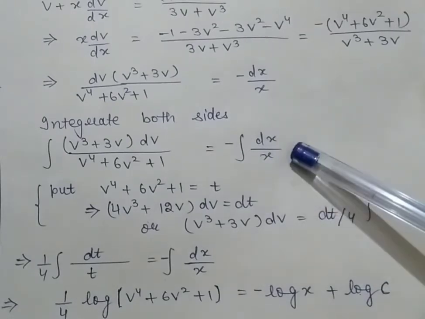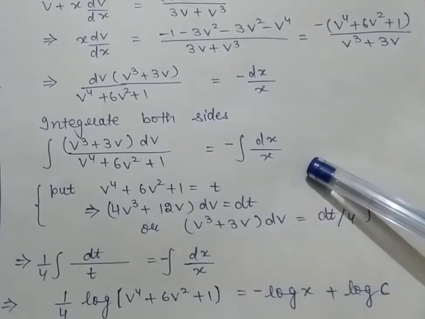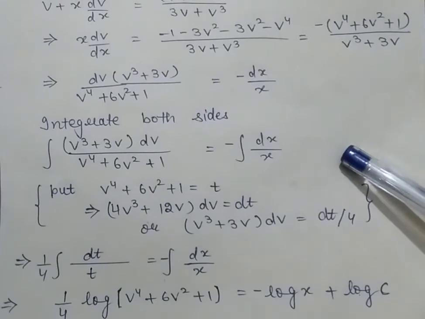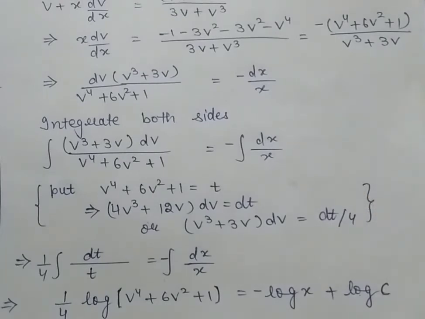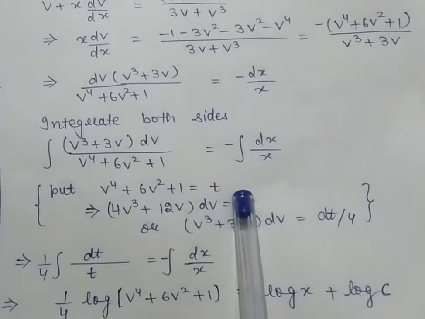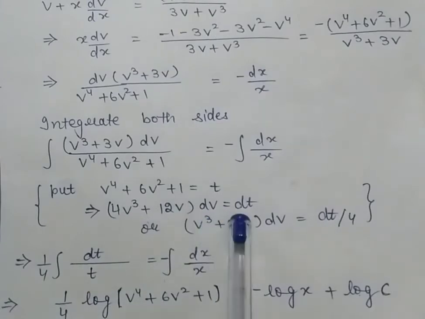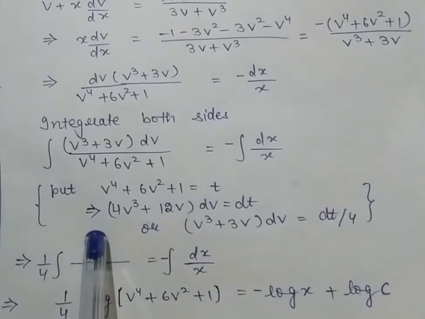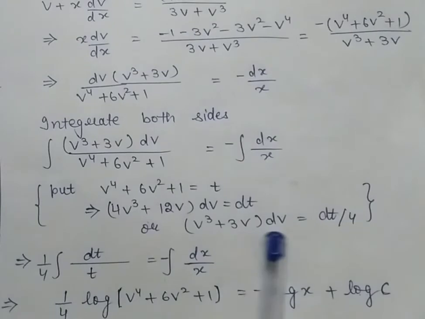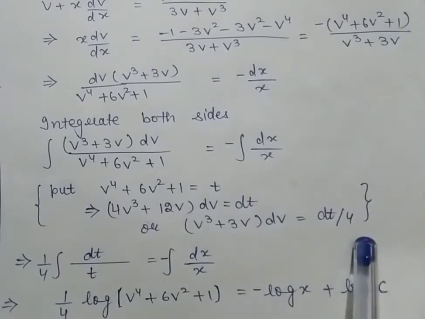This integral will become minus log x, and we will add some constant of integration, say log c, to cancel log. And for this integral, what we do, put v raised to the power 4 plus 6v square plus 1 equal to some substitution, say t. Then on differentiating, this becomes (4v cube plus 12v) dv equal to dt, and if we take 4 common, then this becomes (v cube plus 3v) dv equal to dt by 4.